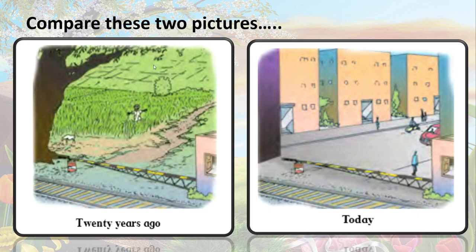Okay, now first we have to compare these two pictures. You know how to compare the pictures, right? Okay, now first we will observe this 20 years ago picture. Here we can see the farm.